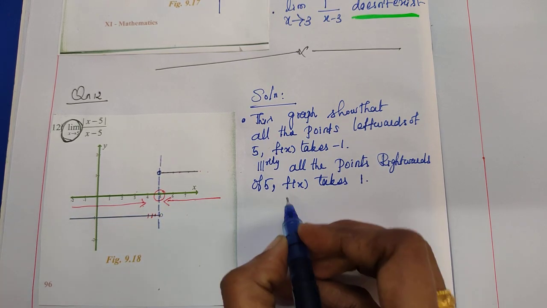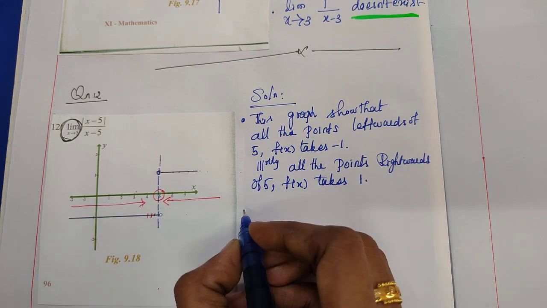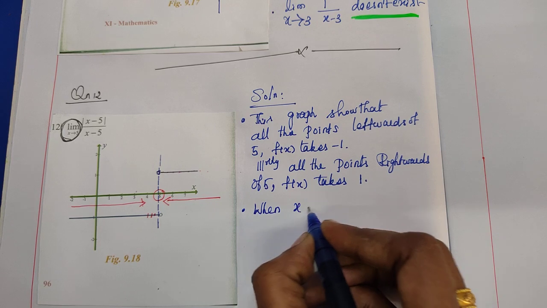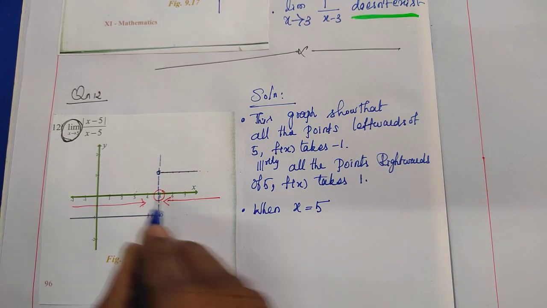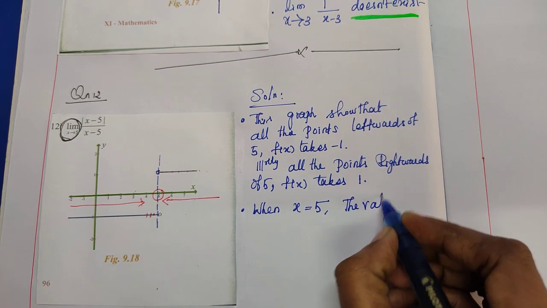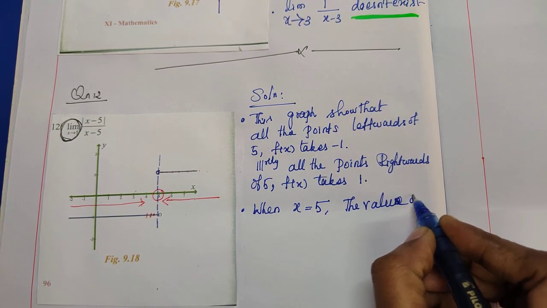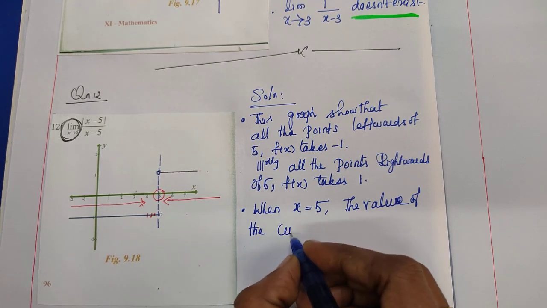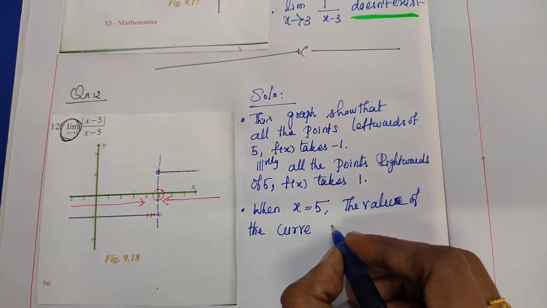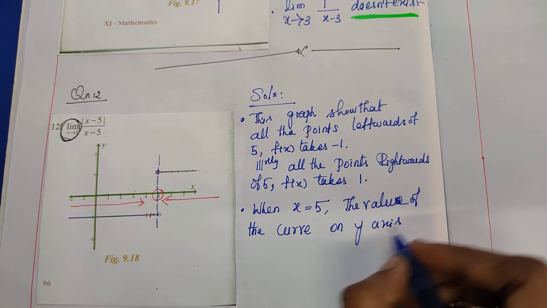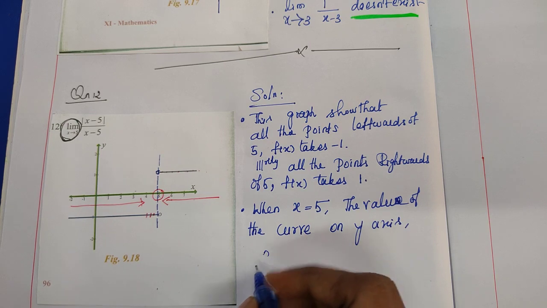And so when x is equal to 5, the value of the curve on the y-axis does not exist.